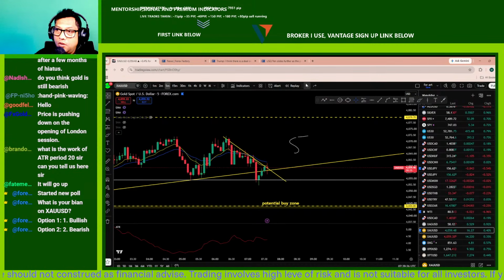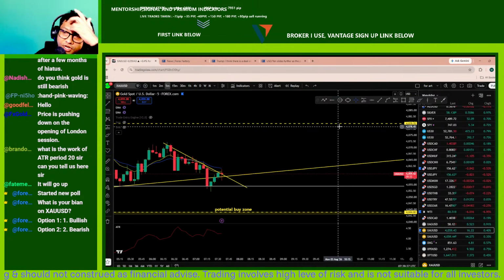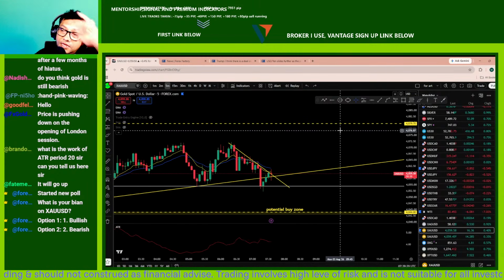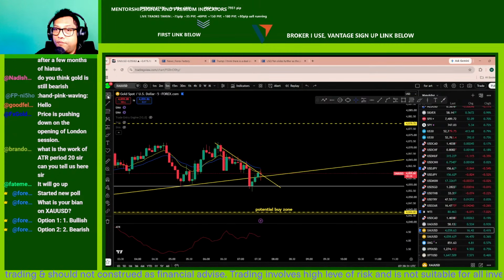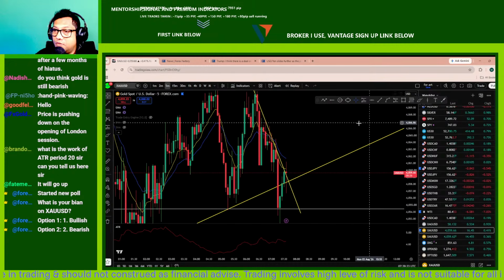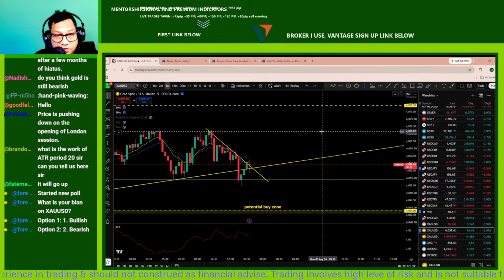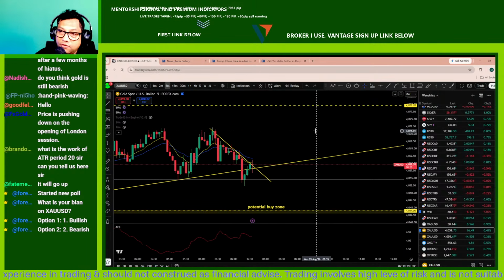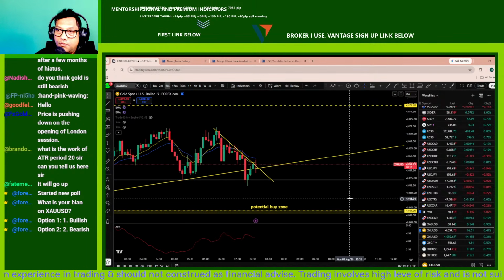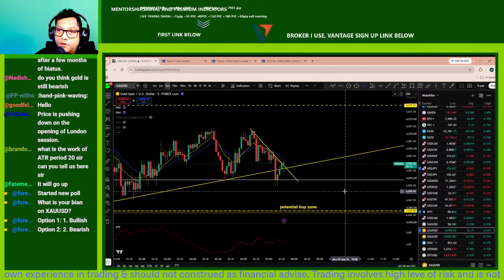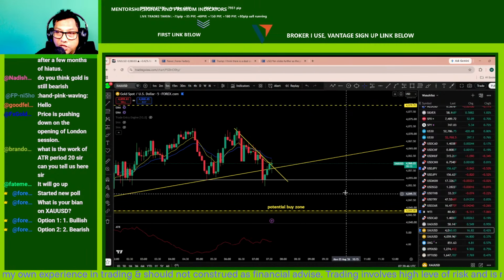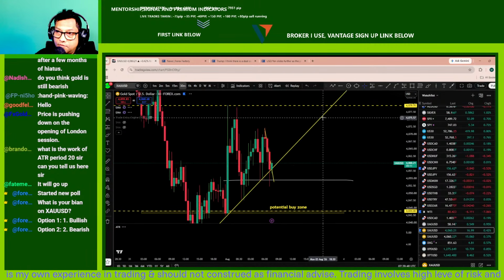When you look at that larger ATR candle on a very important key supply and demand zone, that's the move that you want to look at for reversal or for entry. Find a key level, look for the ATR to come on it.